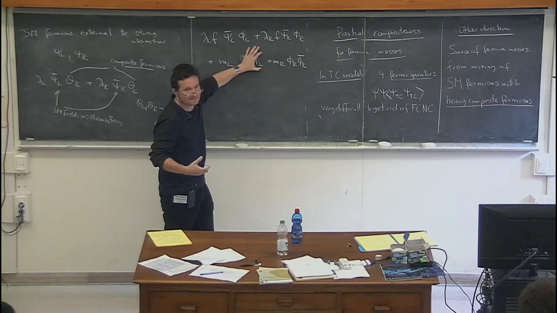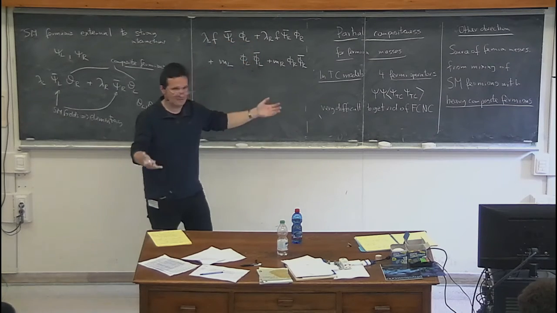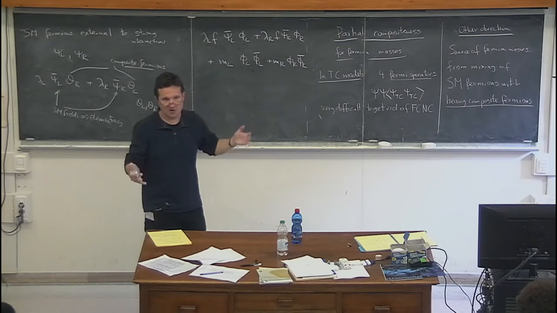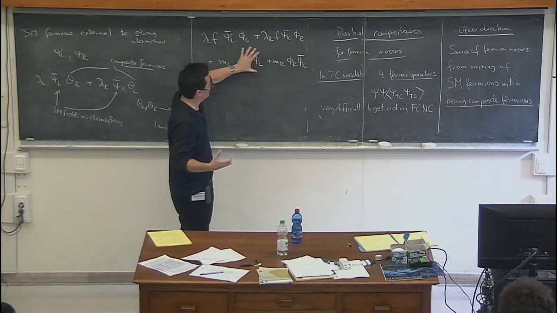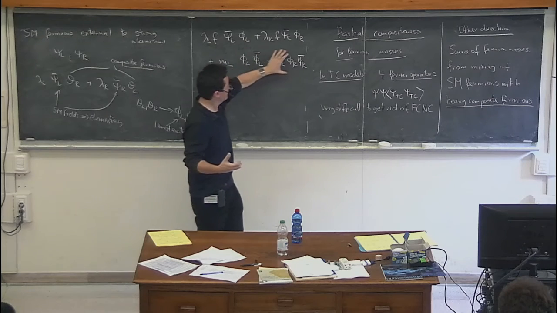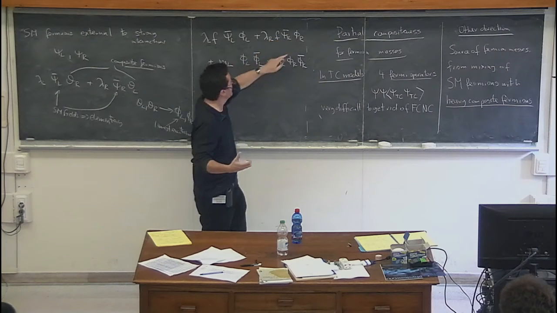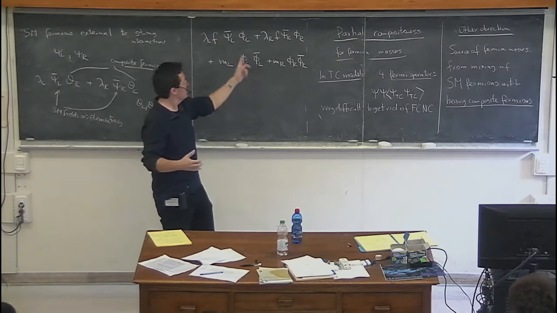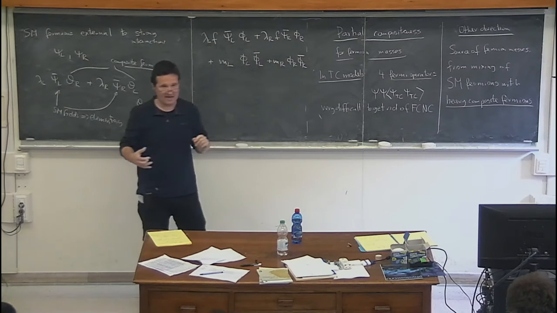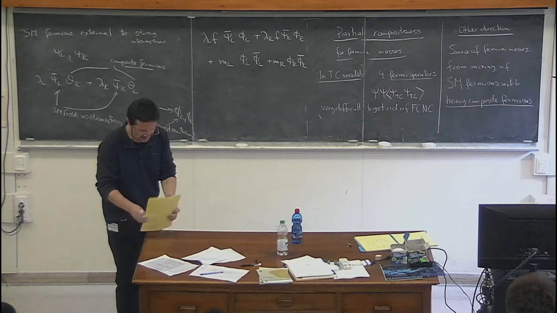Of course, in the composite sector, you have to have both the left and the right in order for those to be heavy composite fermions. That's what this term is representing. It's the same thing for the other one that my right-handed fields are mixing with. And then these are the elementary fields that I added in by hand, which have a small mixing with my composite fermions.